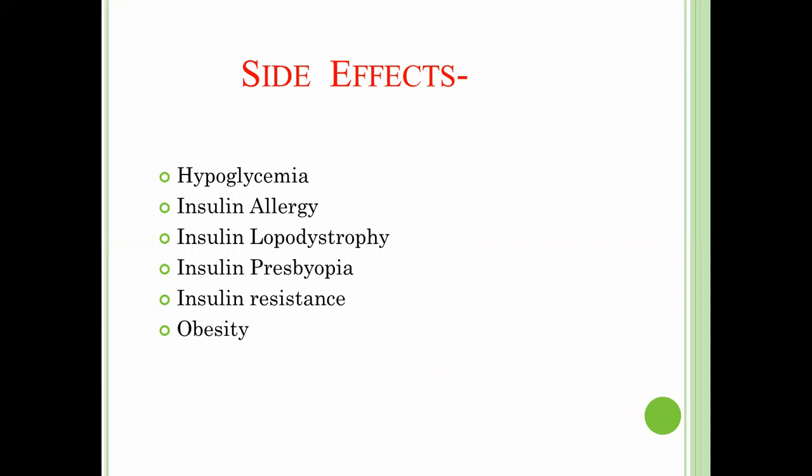Then next is insulin allergy. It is characterized by local itching, redness, swelling, which are inflammation related. Itching sensation, redness, swelling occur at the site of injection. Insulin allergy is characterized by local itching sensation, redness, swelling, pain at the site of injection.